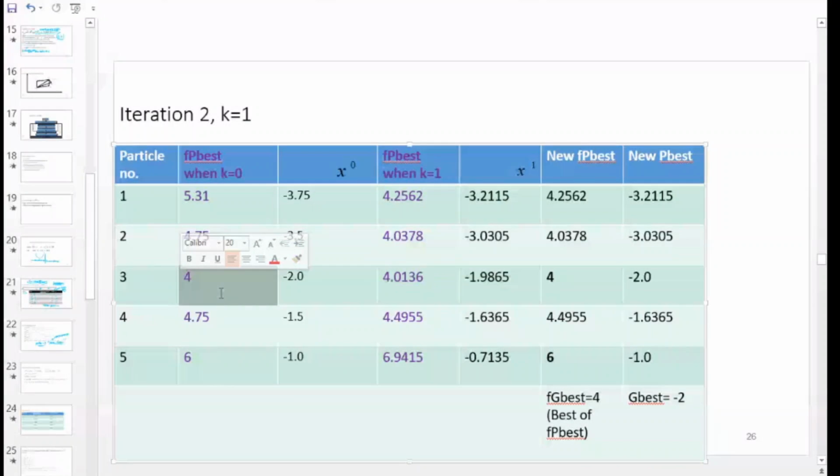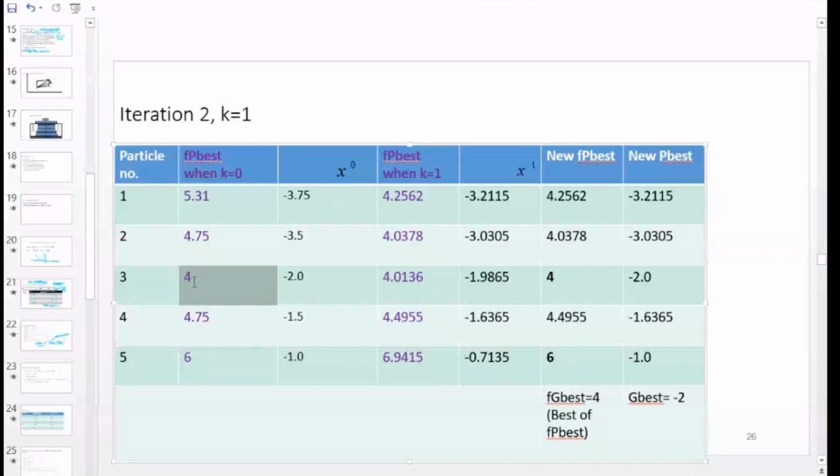So in the next iteration, this 4 is considered as the functional personal best value, and corresponding to this the x value is minus 2. So for the third particle, the new personal best x value, personal memory, is minus 2 and not 4, not 4.